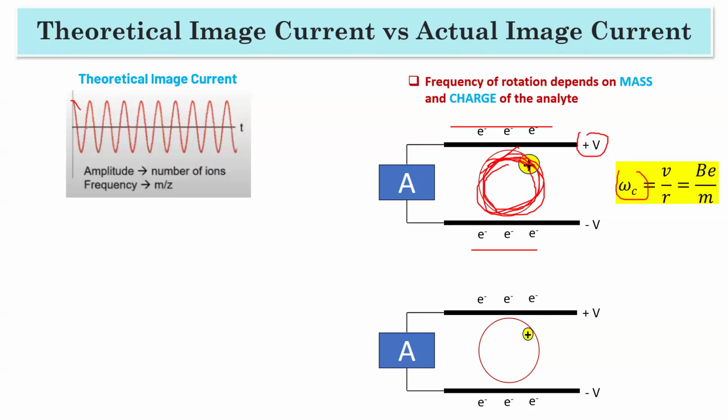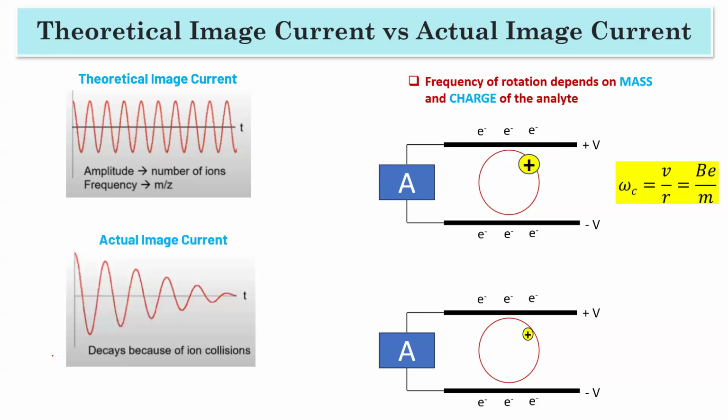So because it's moving at a constant frequency, the image current that is generated should be constant, right? So you should get this kind of image current. But in reality, what happens? You don't get it like this. You actually get it like this. It's decaying. So why is it decaying?